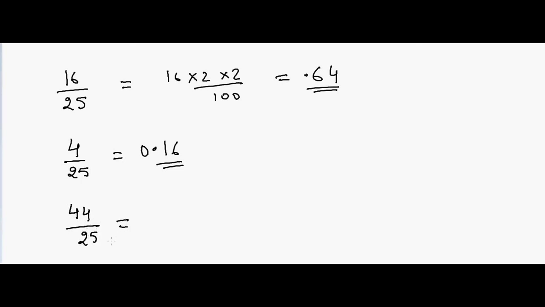So 44 into 4, that's what we have to do. So 44 into 2 is 88, and 88 into 2, that will be equal to 176. So answer will be equal to 1.76.